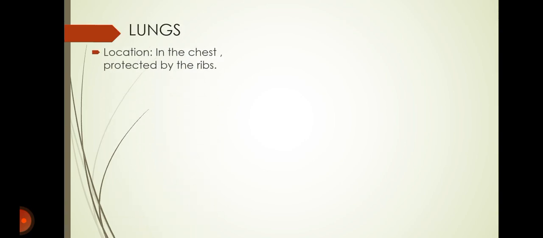Talking about the lungs, they are located in the chest and are protected by the ribs. If the question comes which two organs are protected by the ribs, the first is the heart, of the circulatory system, and the second is the lungs, of the respiratory system.